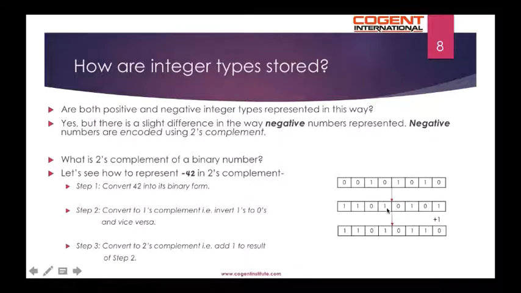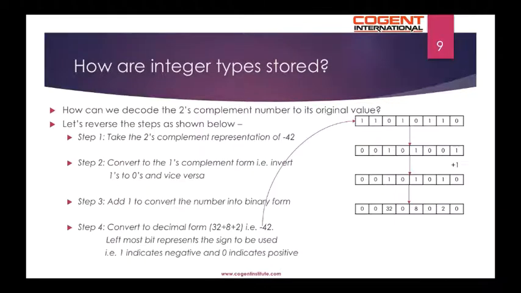And 2's complement is adding 1 to the 1's complement. So here 1 is added to the 1's complement, which results in this output, which is 11010110. So this is the 2's complement of minus 42. So that was encoding into 2's complement.